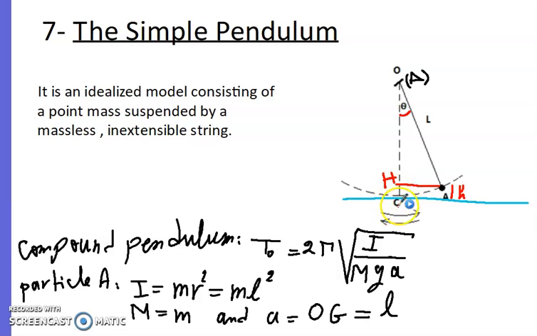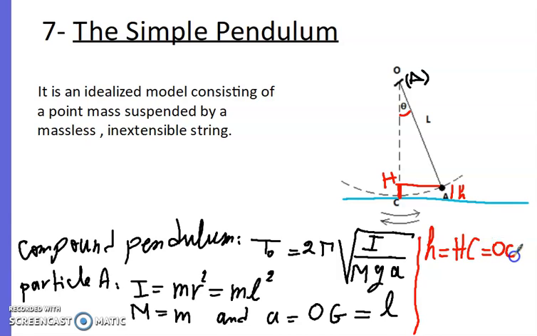H is hc. Okay? So here, let me do it here. H is equal to hc. And this is equal hc, this part, small part, is OC minus OH. Okay?